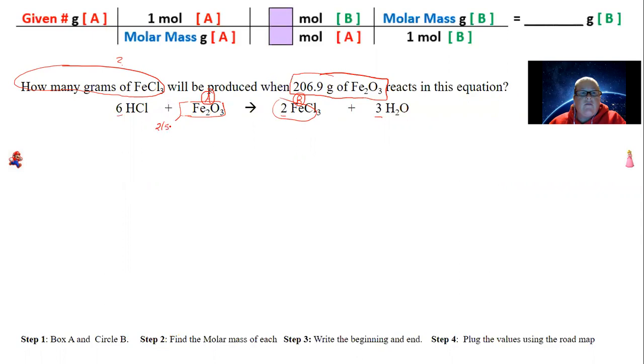So I have 2 times 55.85 plus 3 times 16.00 equals, I have it written down here, 159.70 grams.